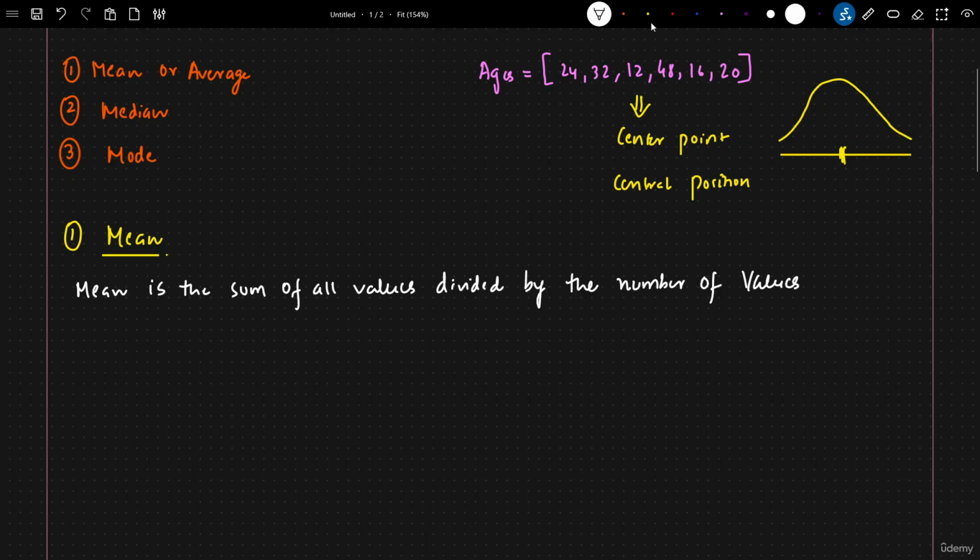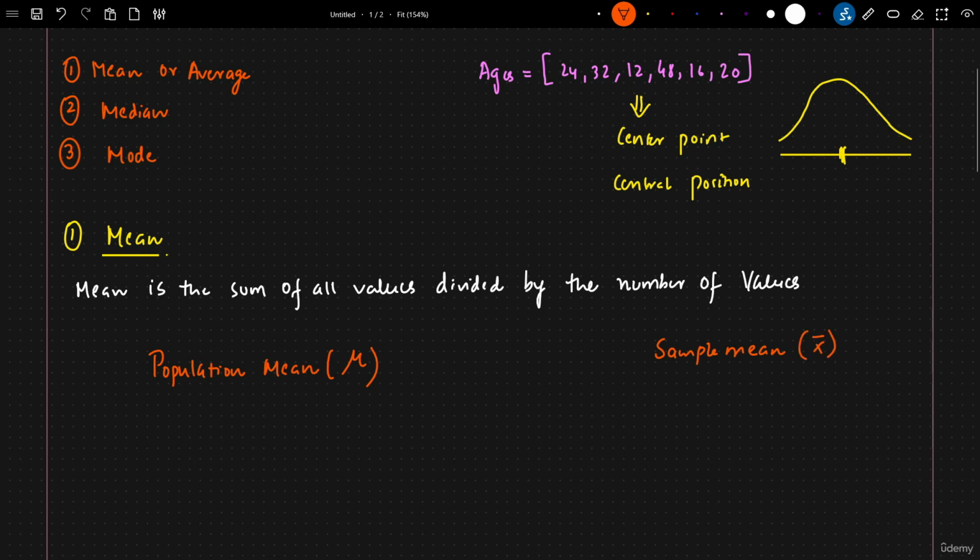So even for mean, I would like to consider two terminologies. One is population mean, which is denoted by mu, okay? And the other one is sample mean, which we can denote as x bar, okay?